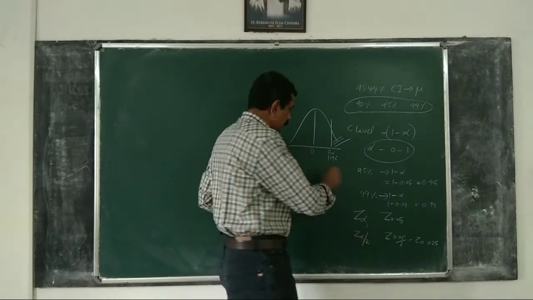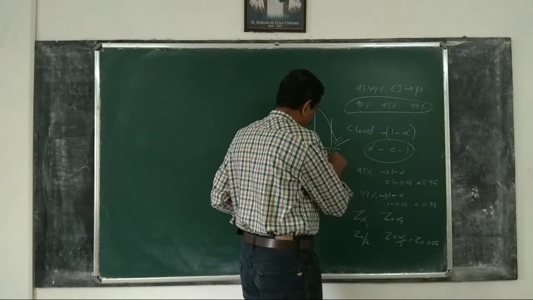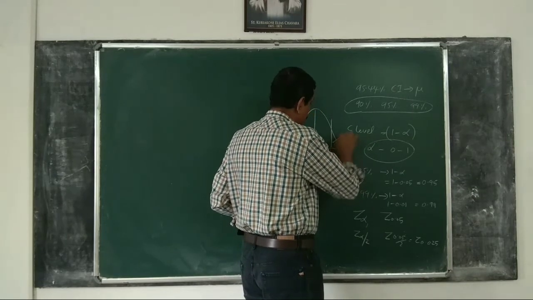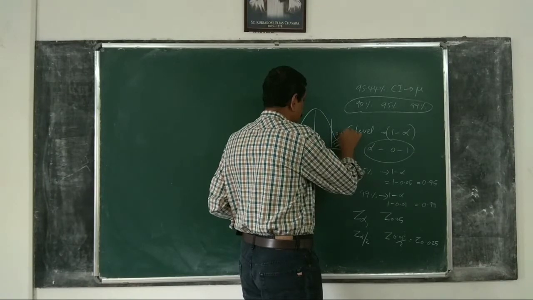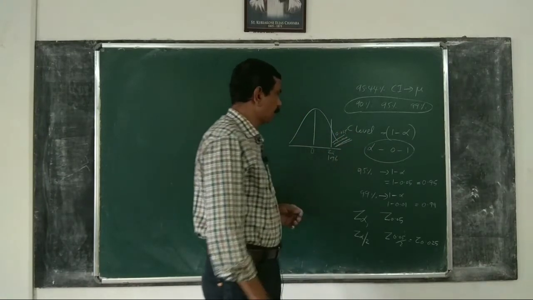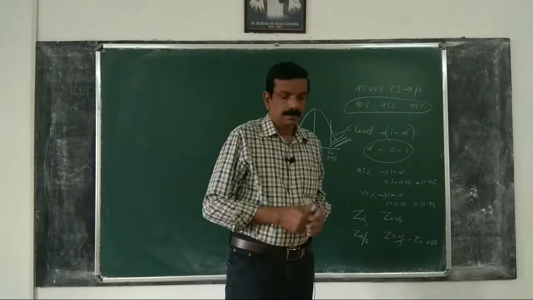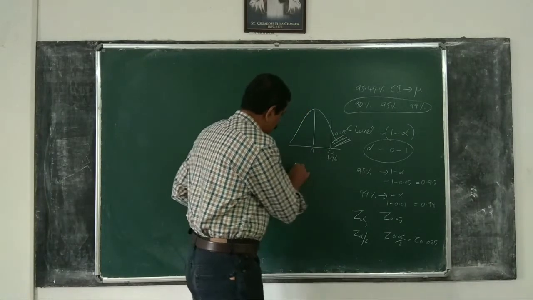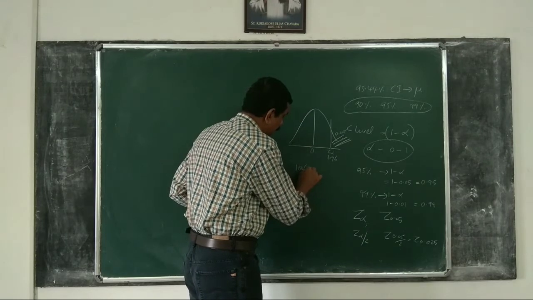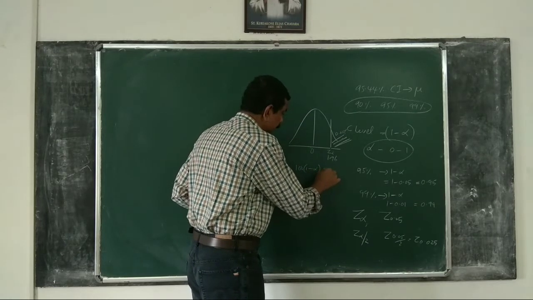So for example, if it is 1.96, the area to the right is 0.025, like that.